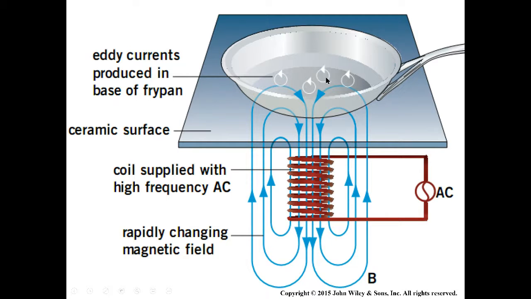And when they are jiggling around, they are knocking each other, they produce heat. It is this heat that boils the water. I'm giving a very simplified overview of what this induction stove is.